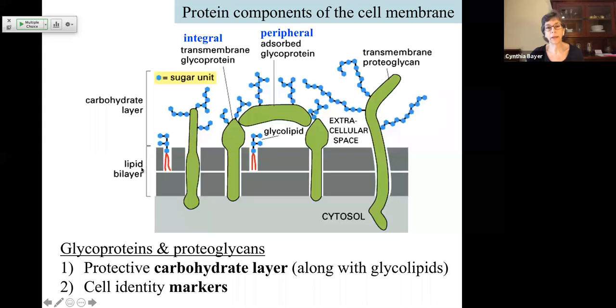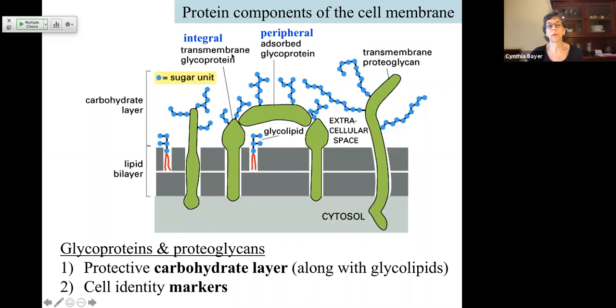So for example, here's our lipid bilayer, our two large gray bars, and all of these green symbols are proteins that have a transmembrane domain that are spanning that lipid bilayer, right? They have a part that's exposed to the extracellular portion, a part exposed to the cytoplasm. They're embedded within the lipid bilayer. Integral proteins are proteins that are embedded and span the membrane.